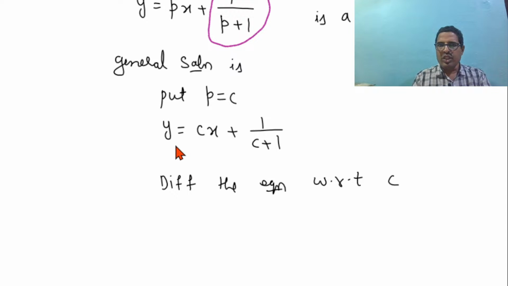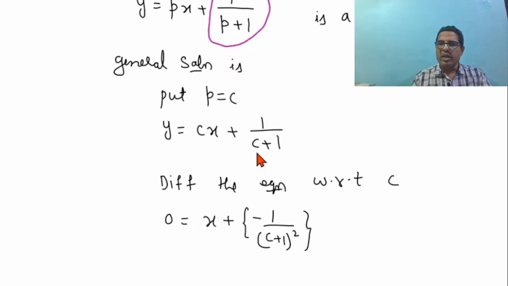If we differentiate this equation with respect to c, then y is a constant, so its differentiation will be 0, equals differentiation of c with respect to c, which is 1, so 1 times x will be x itself, plus, now this is in the form of 1 by x, so the derivative is minus 1 by x square. So, it is minus 1 by c plus 1 whole square into the differentiation of c, which is just 1.